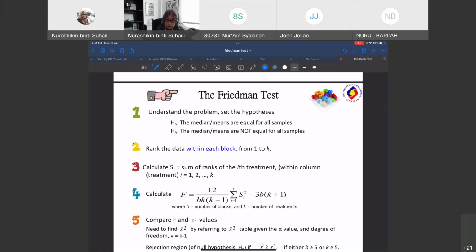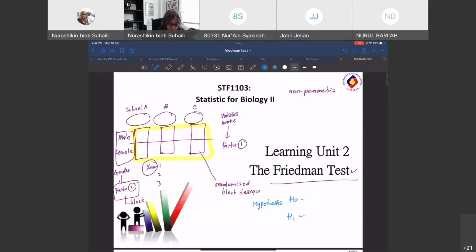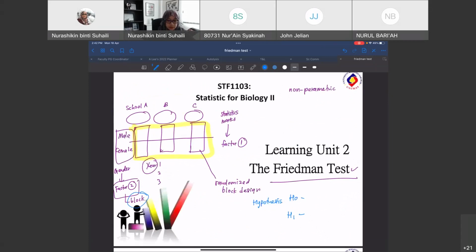Now, once you are given data to be analyzed, the first thing, apart from setting the hypothesis, is you also have to identify, please jot down because it's not in the notes, I think: what is the group or treatment or sample, and then the second one is the block. Just now in our example, this one is the block, and this one, the different types of schools, is actually the treatment or the sample.